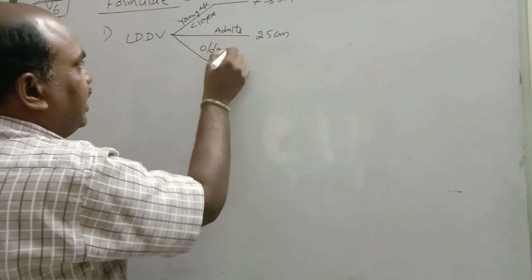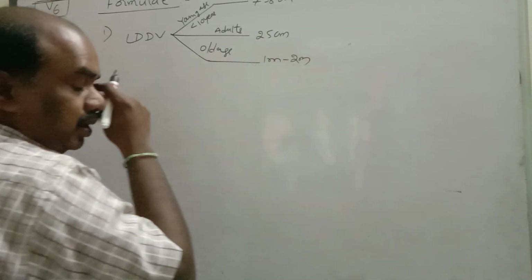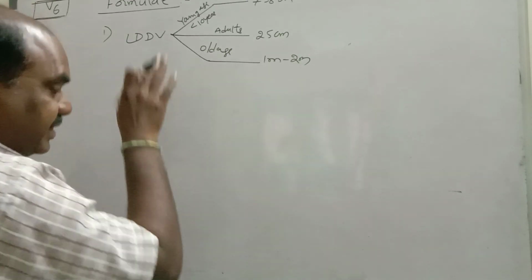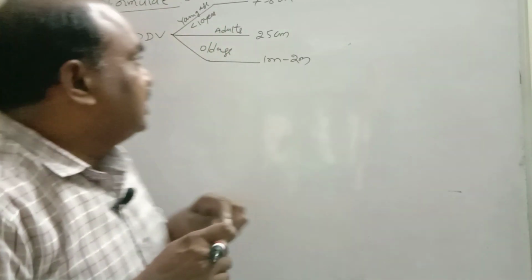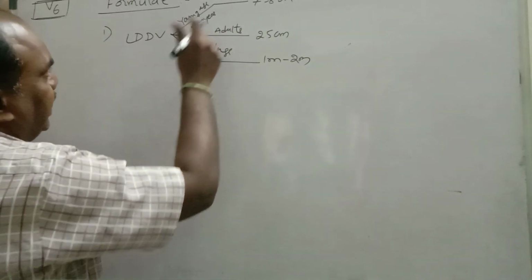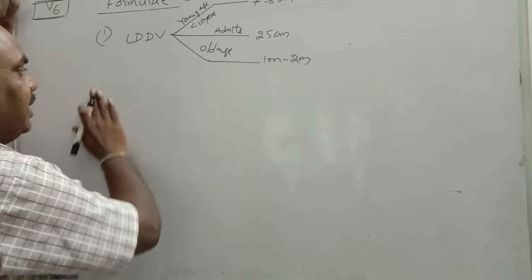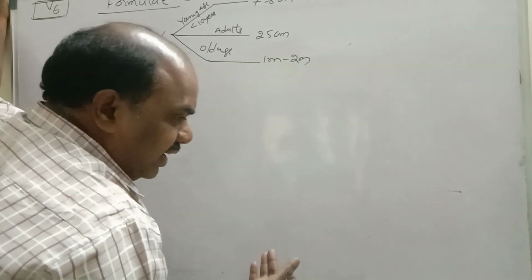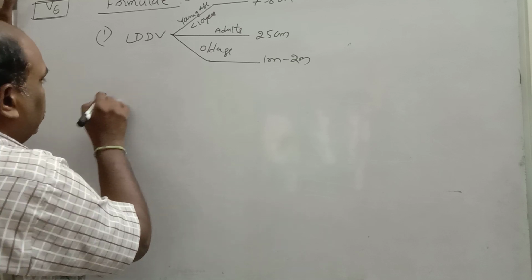Old age people, LDDV 1 meter to 2 meters. Remember, very important, this is the summary of the total class, the summary of all 6 videos, I am reminding you once. LDDV for young age people 7 to 8, adults 25, old age people 1 meter to 2 meters. So sir, what is LDDV? You go through the first video, it is almost a half hour class, go through that.